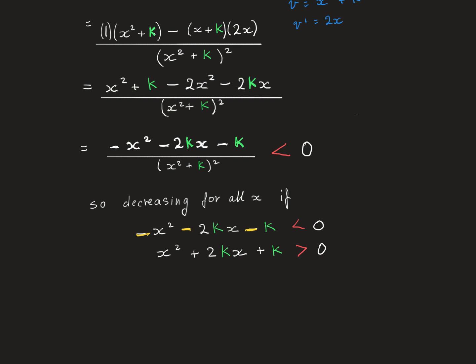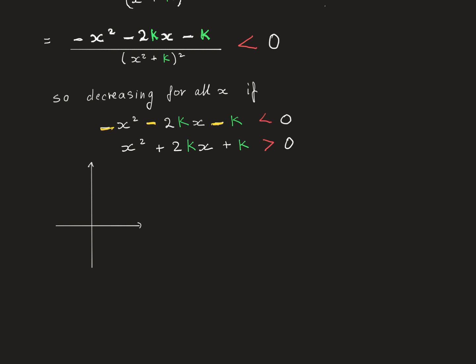Now this is a quadratic function. When will the function be greater than 0 or be positive? So a quadratic will only be positive if it has no real roots. And we can determine if the quadratic has no real roots by looking at the discriminant.